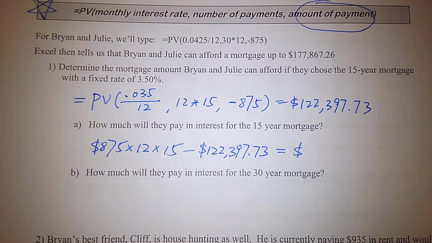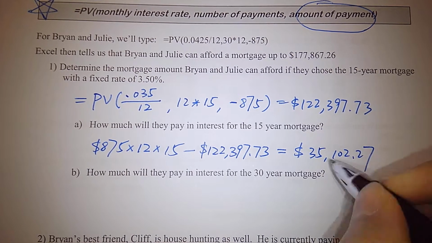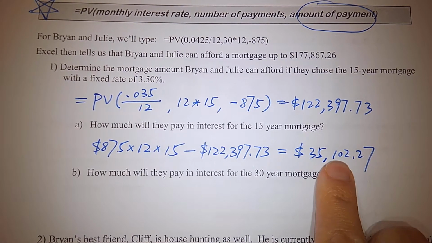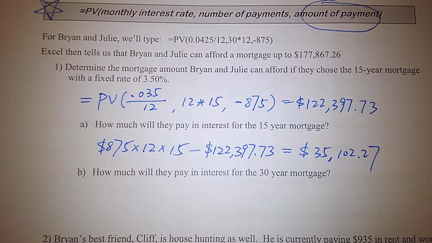Anyone? Cassidy? $35,102.27. Everybody get the same answer?